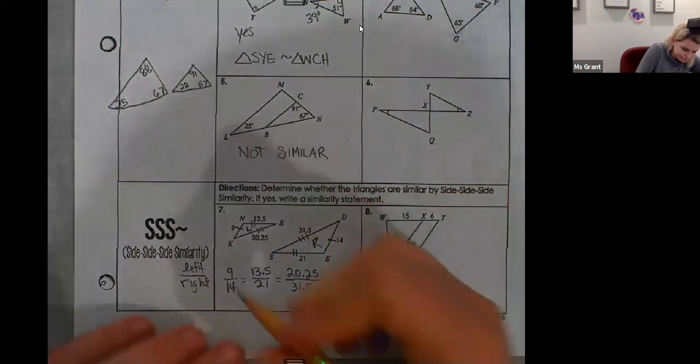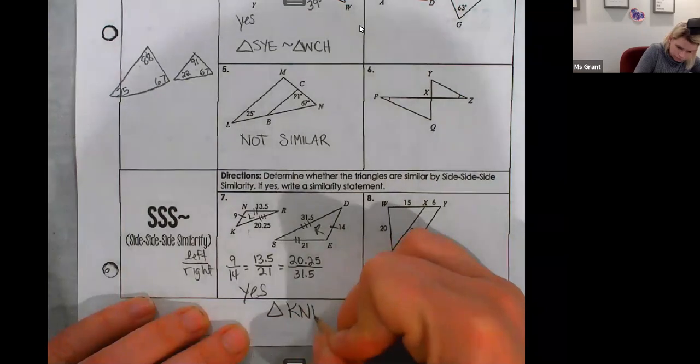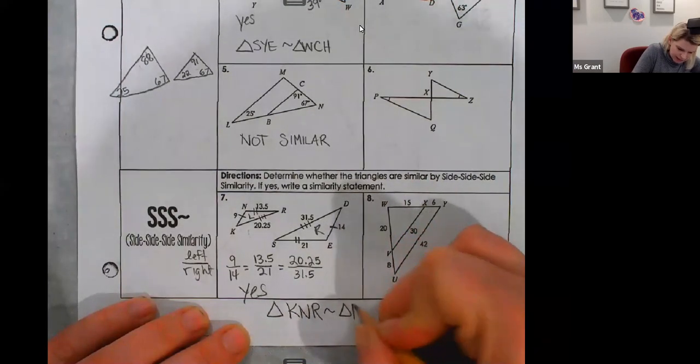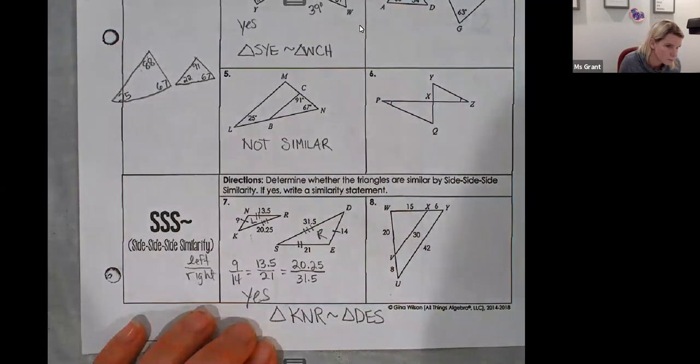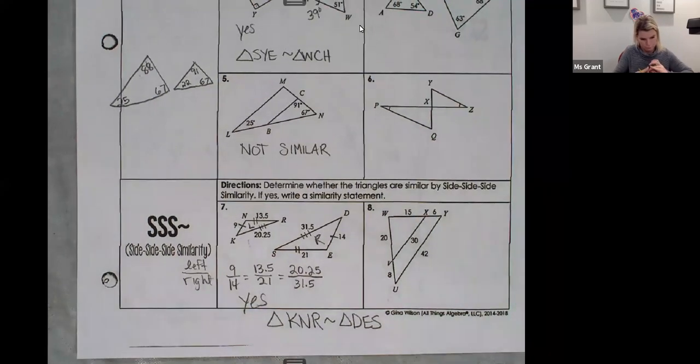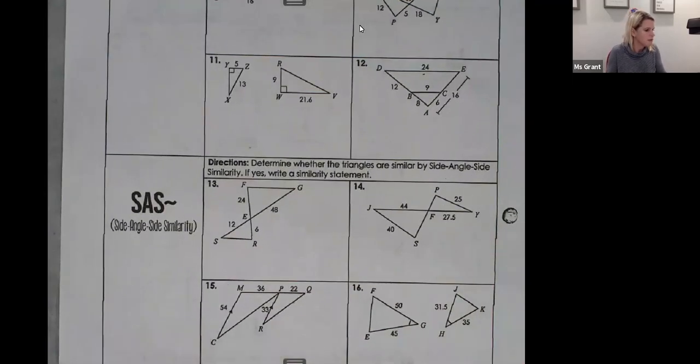And yes, guys, triangle KNR is similar to triangle DES. Okay. All right, so I'm not going to do 8 because that's an even number. I'm going to go to the back side. Let's do another side, side, side similarity.